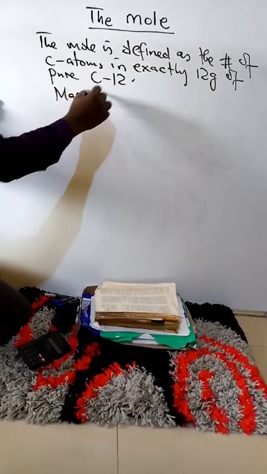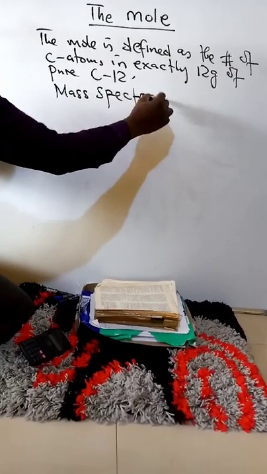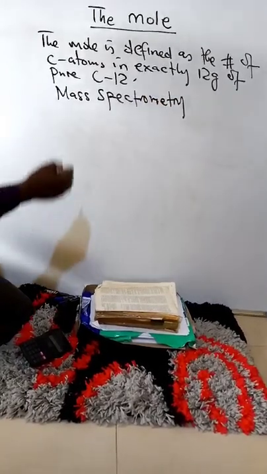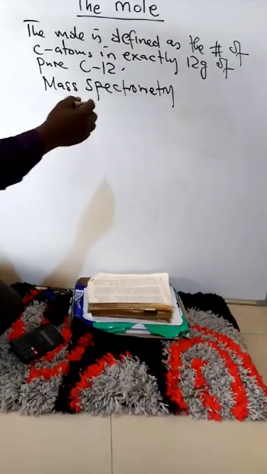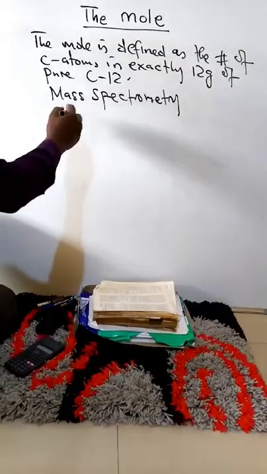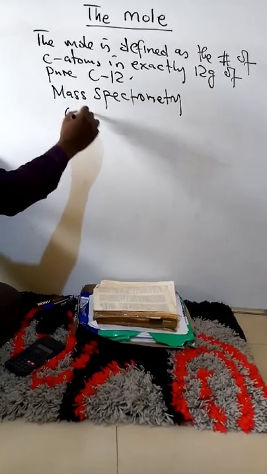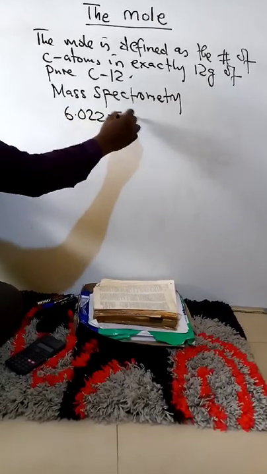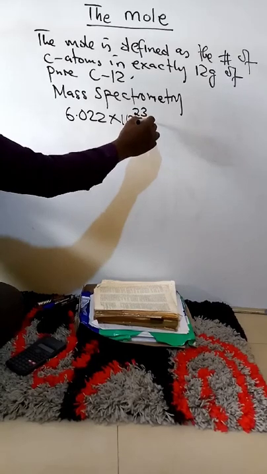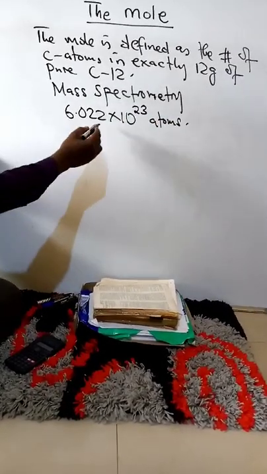Mass spectrometry, which counts atoms very precisely, has determined this number: 6.022 times 10 to the power 23 atoms.